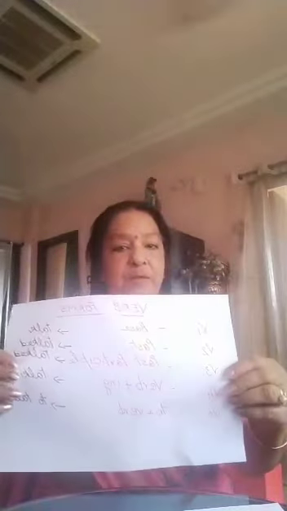Now the second thing that you should know are the verb forms, that is V1, V2, V3, V4 and V5. V1 forms the present tense, that is the root verb. V2 is the past tense.